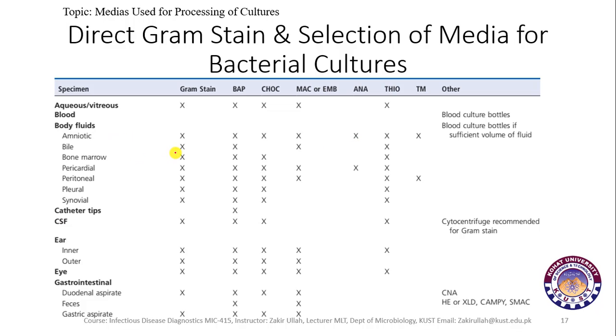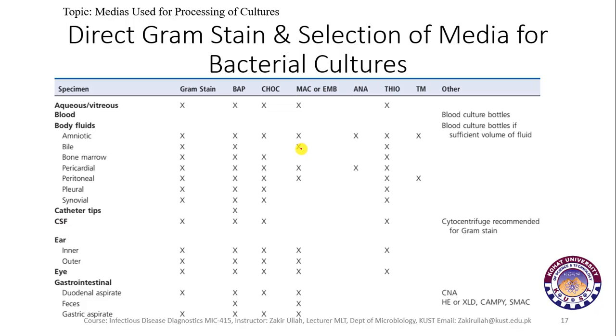If bile fluid is received, then gram stain is performed along with sheep blood agar. They are not cultured on chocolate agar because fastidious organisms are not present in bile, and there is a chance of gram negative aerobes.